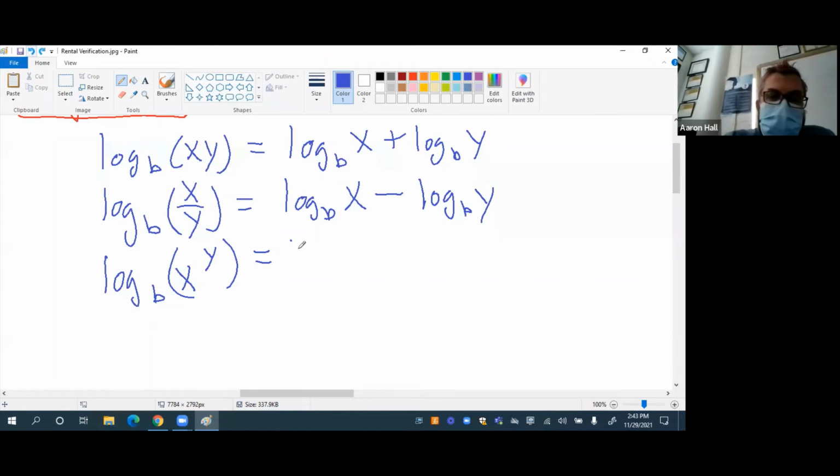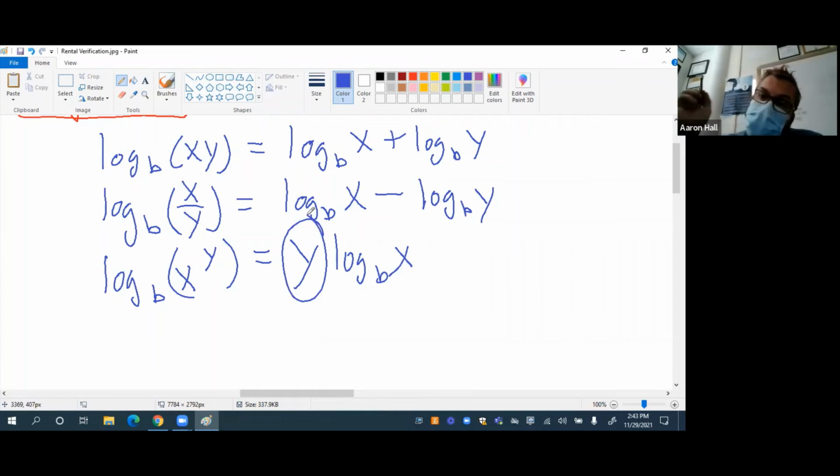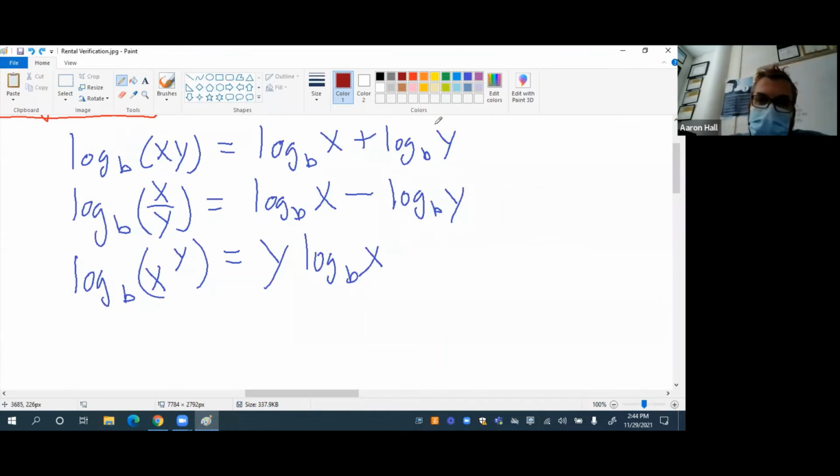We get y times log base b of x, which is sort of interesting because that becomes a vertical stretch. What used to be an exponent becomes a vertical stretch when we consider the function. Crazy stuff. Now, if you wanted to, you could think of this as like our first one here.